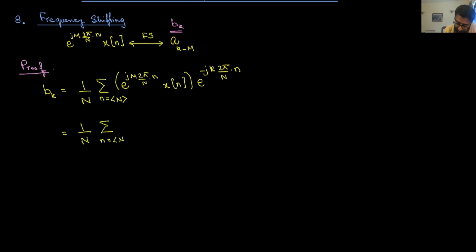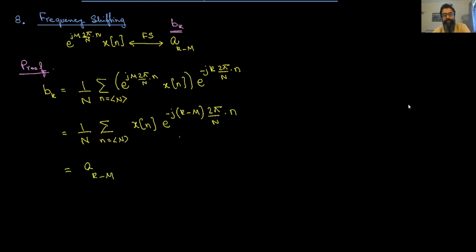Just a simple manipulation here would directly yield the answer. Let me bring x of n outside, and this is e raised to the power minus j k minus M 2 pi by capital N times n. And clearly one can see that this is very similar to the Fourier series coefficients of the original periodic signal, except that instead of k, you have k minus M. So therefore, this really is a sub k minus M, and that just completes the proof.